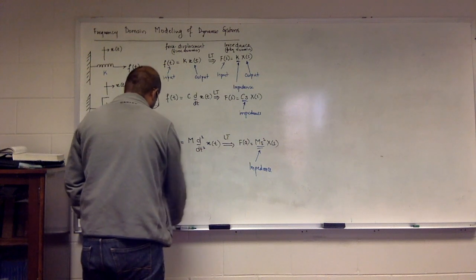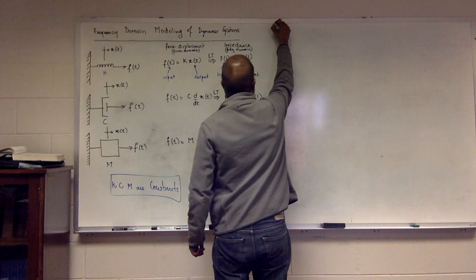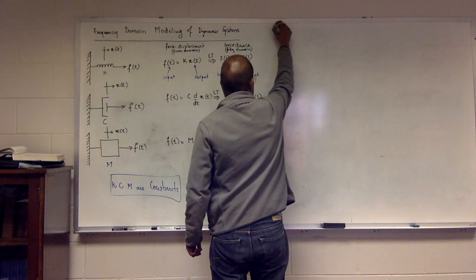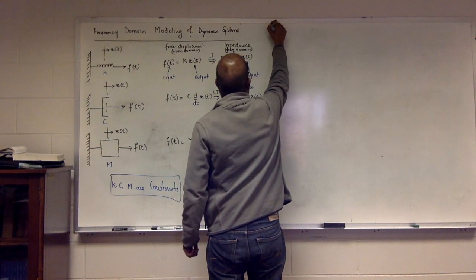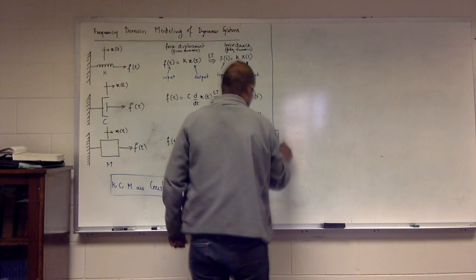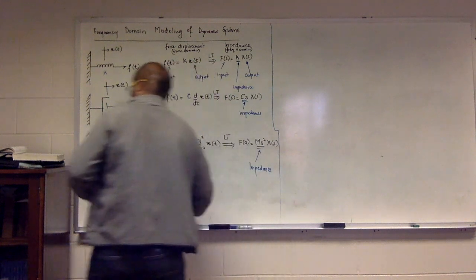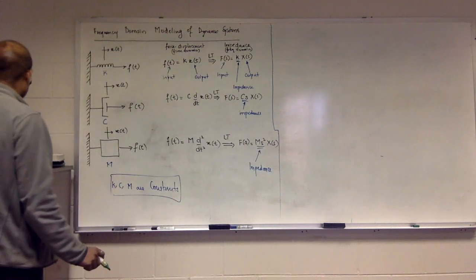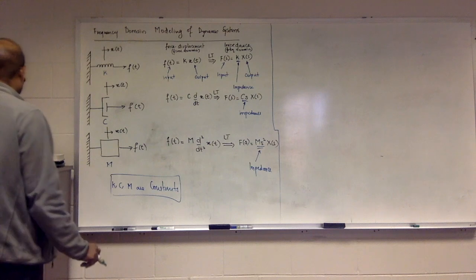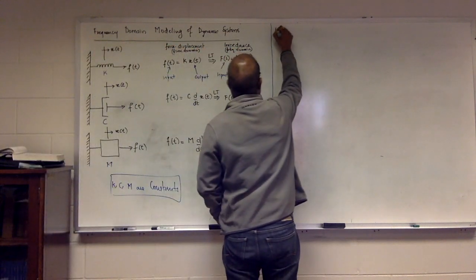Now let's look at how to use these impedances to come up with the mathematical model of the system. I'm going to look at the example we looked at last time. We'll do it with an example.